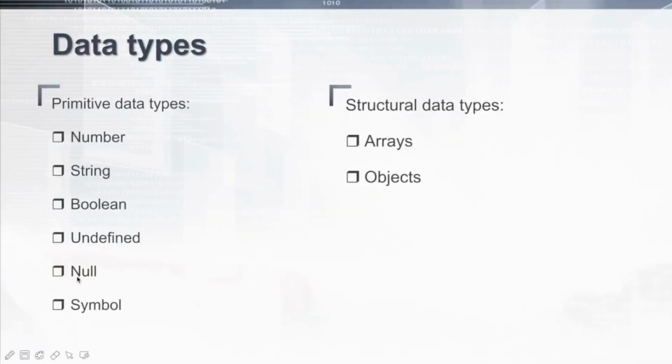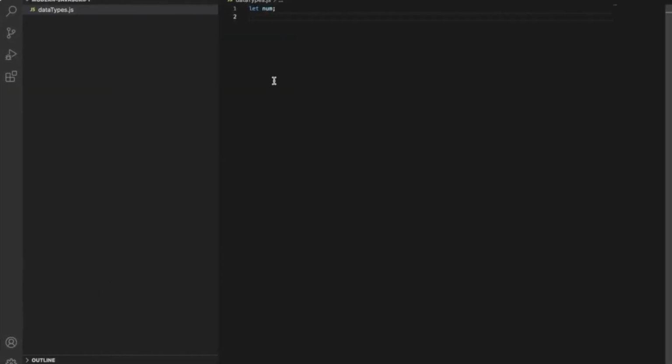Okay, then we have null. So I mentioned before that null and undefined are similar because they represent empty values. Of course, when something is not assigned, it's empty, right? So null represents intentional empty values. So let's say a programmer has num is equal to 90.